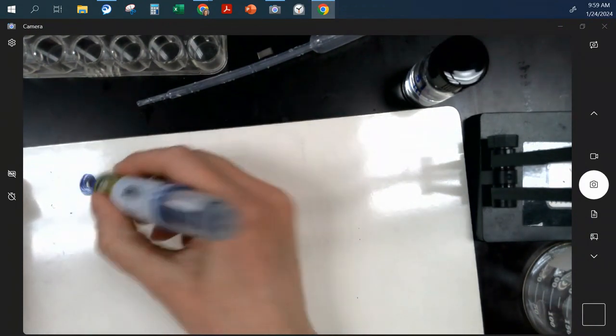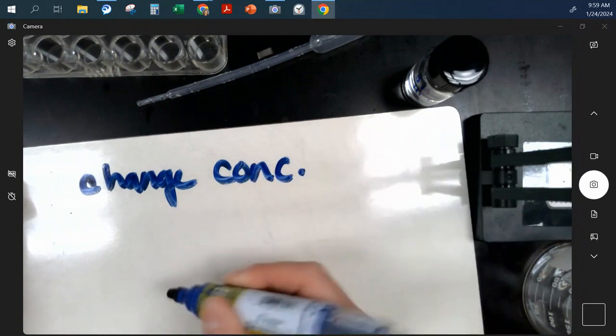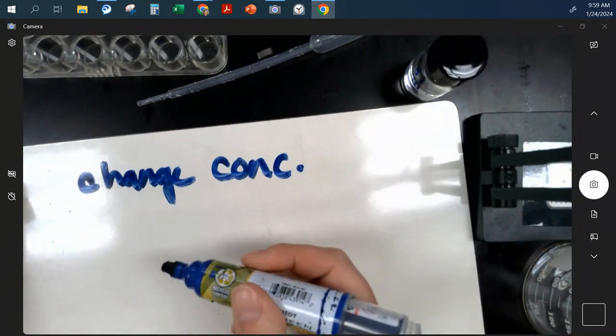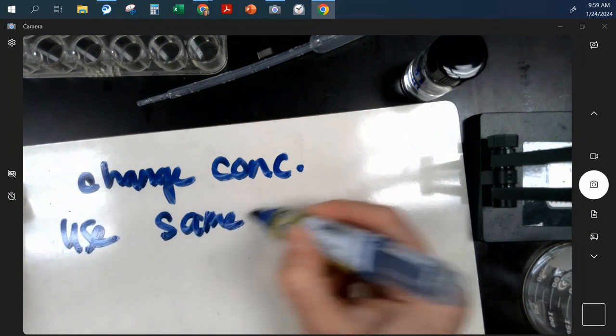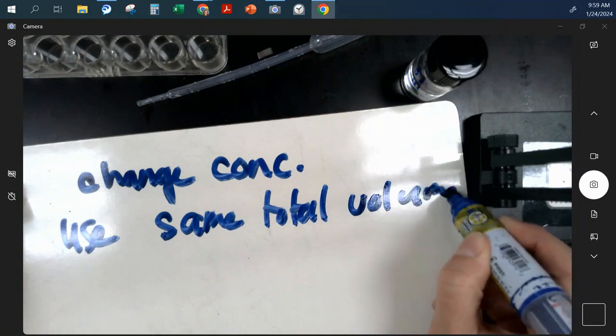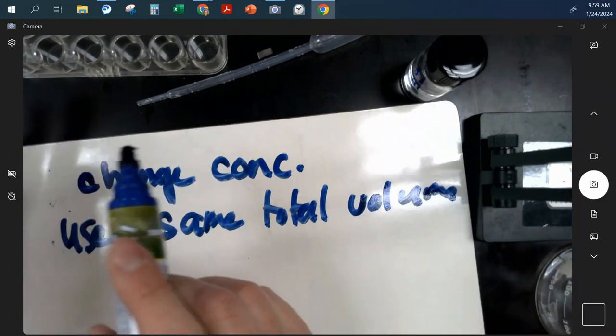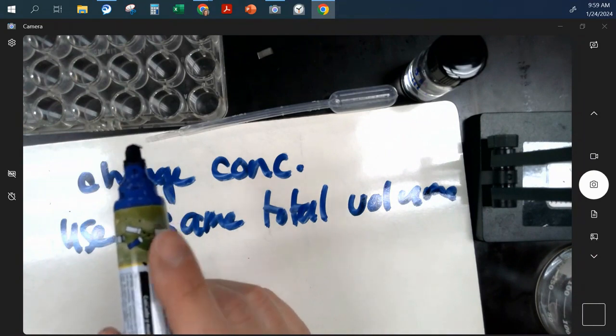So if I'm changing the concentration, I need to use the same total volume. Because we're using a well plate, it might be a good idea to measure using drops.